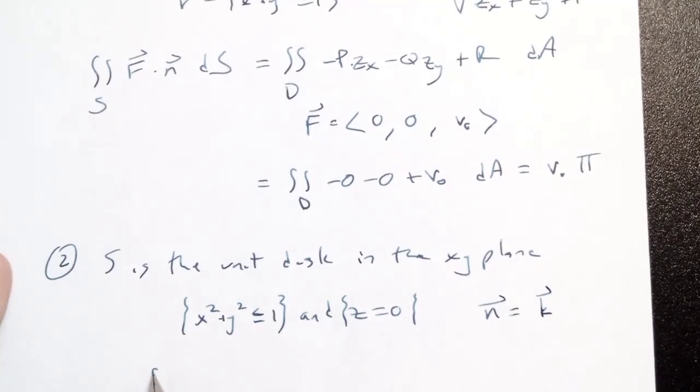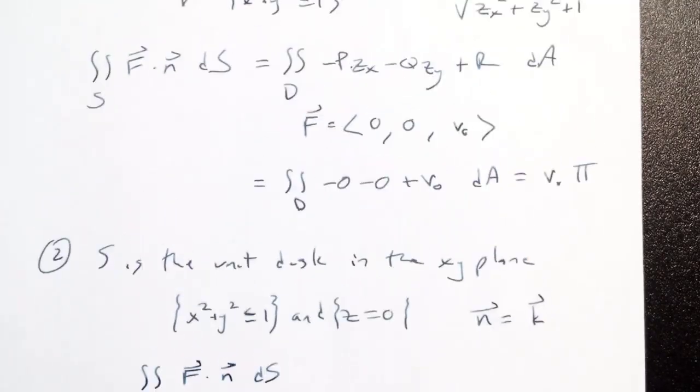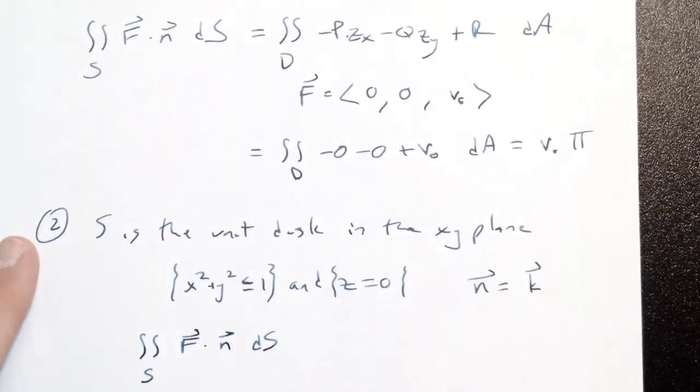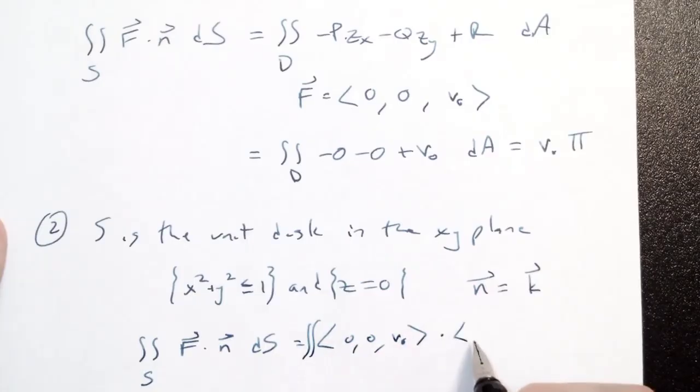Oh, so now I'm going to do the integral of f dot n dS over this surface. I'm going to do it the same way we did right up here. Wait a minute. 0, 0, v0 dot 0, 0, 1 dA.